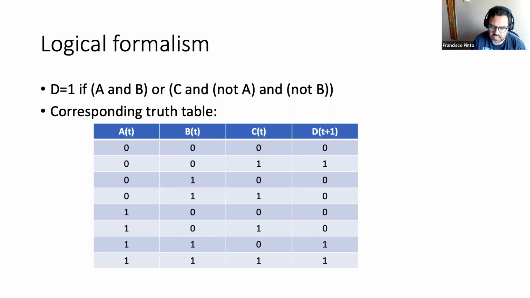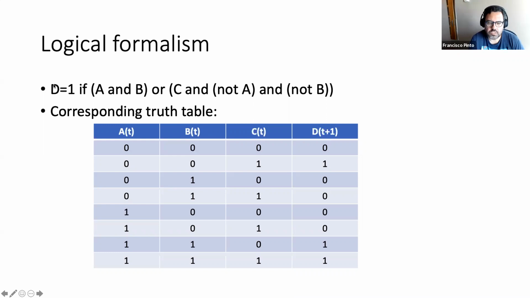So here is an example of what a logical function looks like. For example, here for a node D, D is going to be in the on state. Normally the off state is 0, the on state is 1. So for D to be in the on state, to be equal to 1, the logical function after the if should be true.